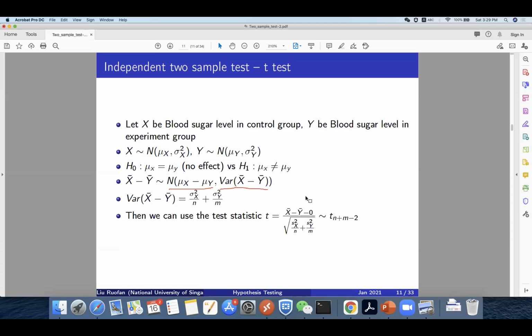So the patients in the control group and the patients in the experiment group are different. Independent, yeah. So now we want to show the effect of the medicine. So we want to check the distribution of the two groups.